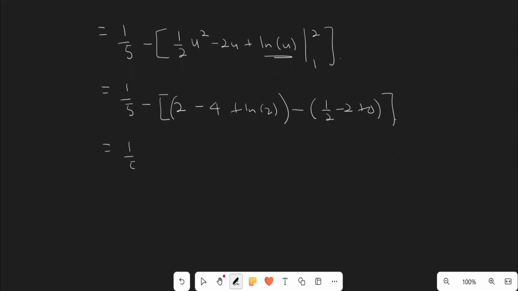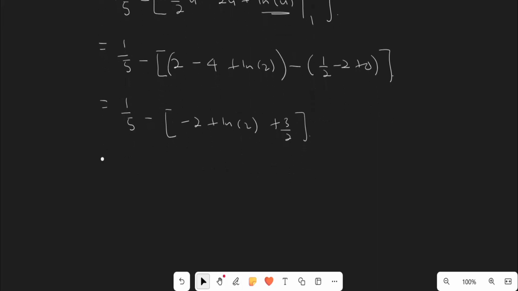So that is 1 over 5 minus, this one gives you negative 2 plus ln of 2, and the lower limit gives you 1/2 minus 2, which is negative 3 over 2, right? And negative 2 plus positive 3 over 2 is what?